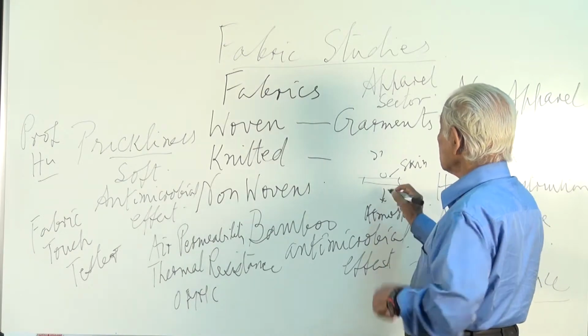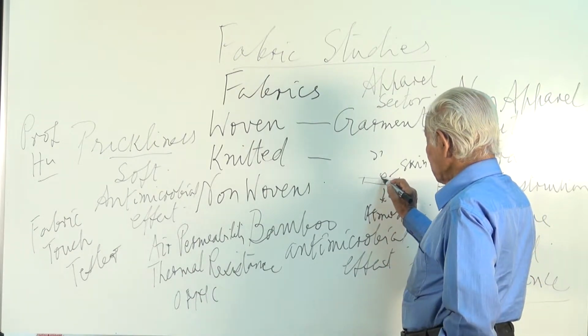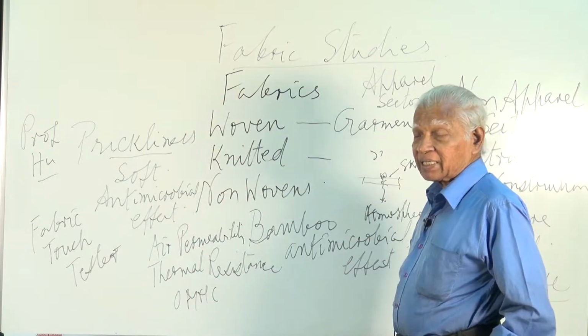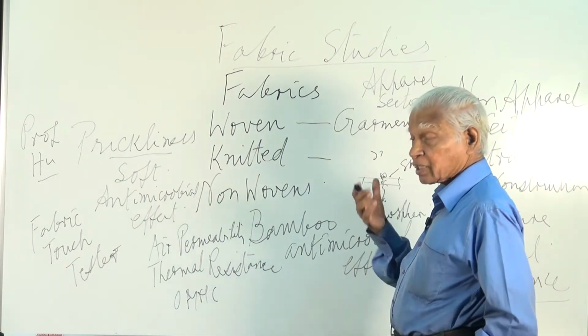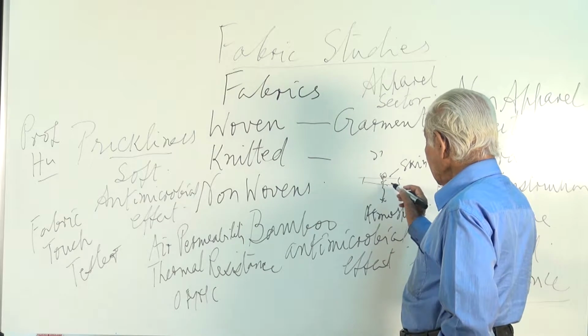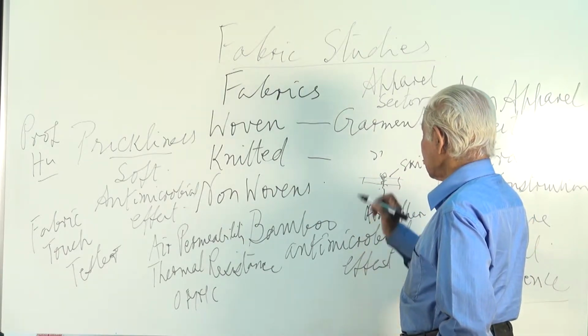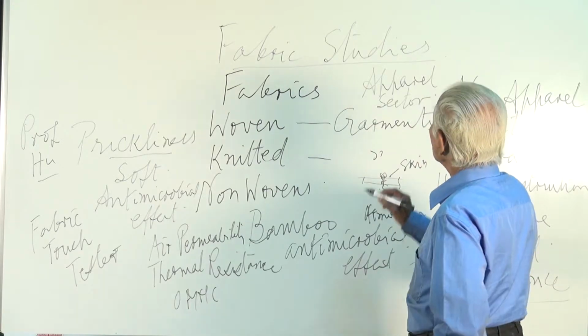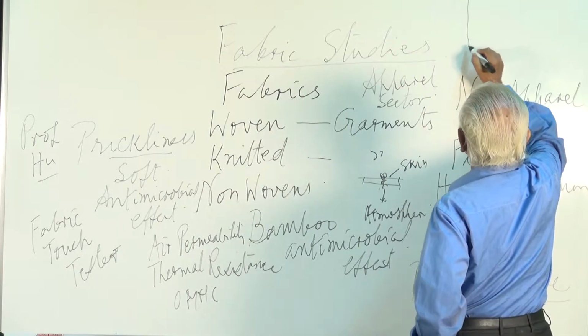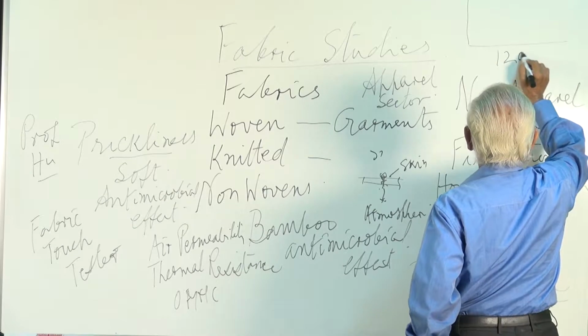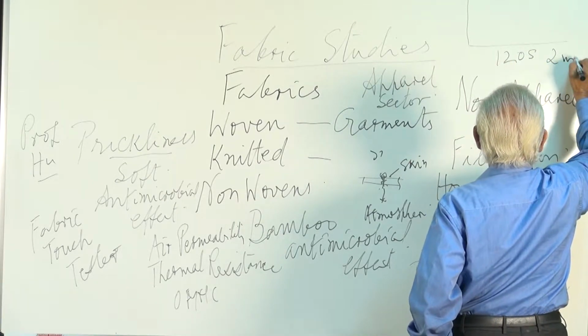Suppose the water vapor is absorbed immediately, that is the wetting time is very short, it is considered to be very good for the fabric. And most important is how long it takes to come to the back side of the fabric. The test duration is about 120 seconds, that is about 2 minutes.